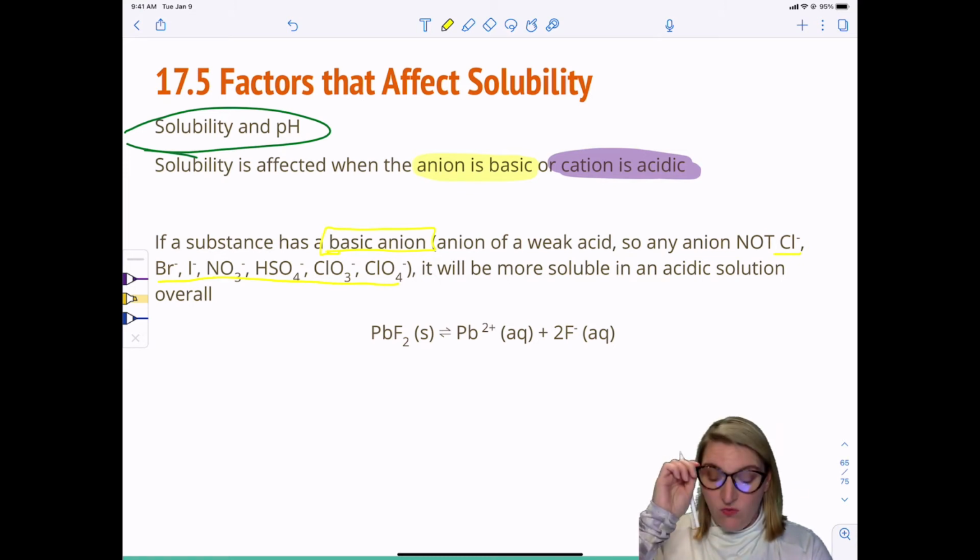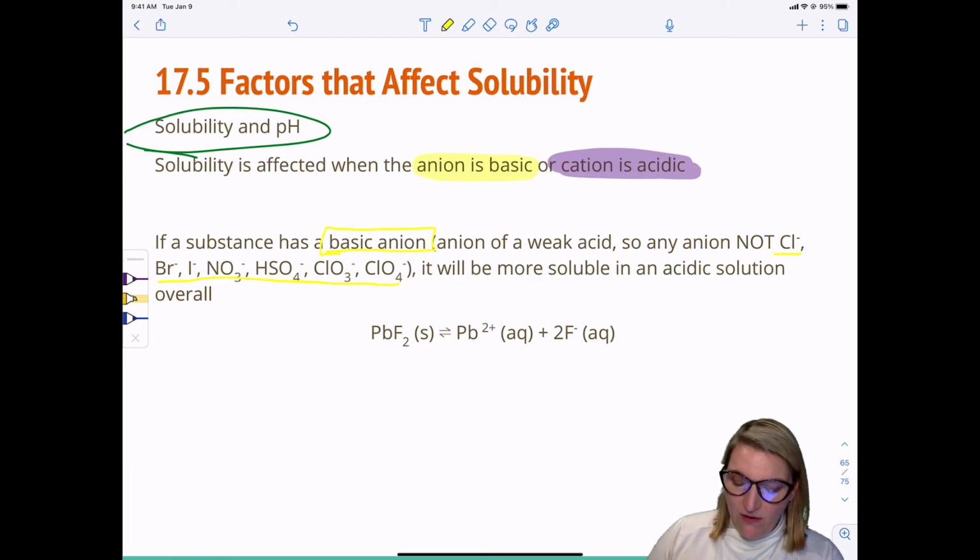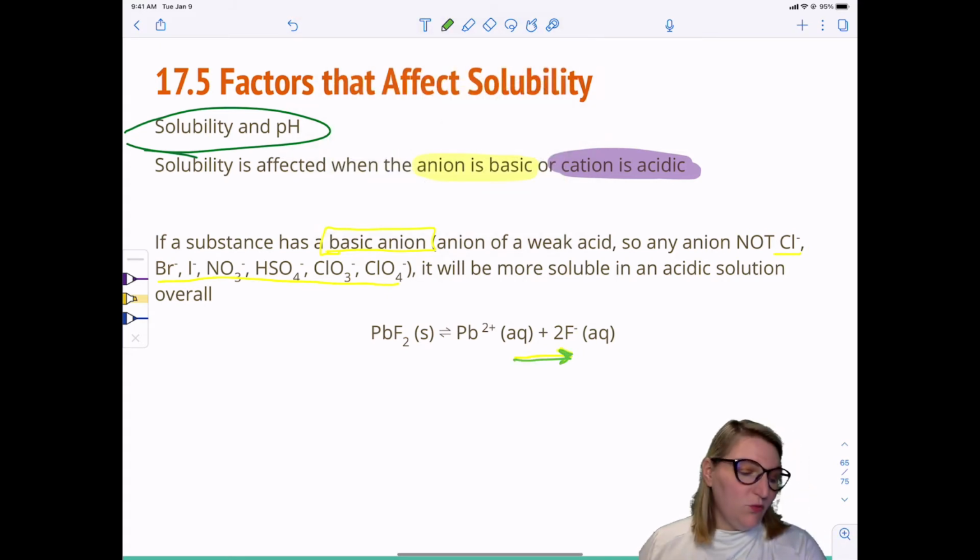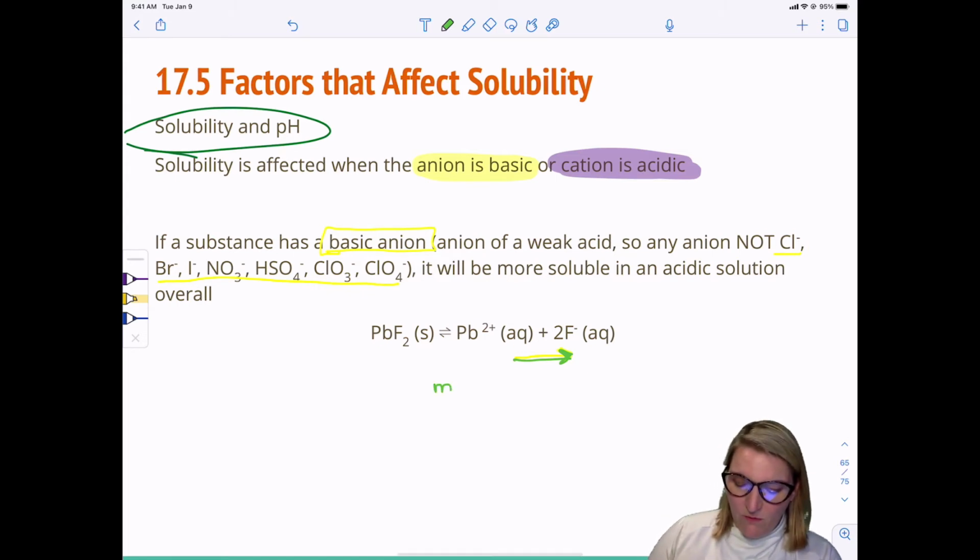The reason this works is that the ion will react with the hydrogen in the sample, and that will pull the equilibrium to the right, in a Le Chatelier's principle type way. So if I were to have this, and then I were to make it more acidic, right?